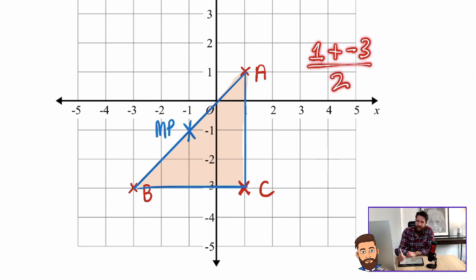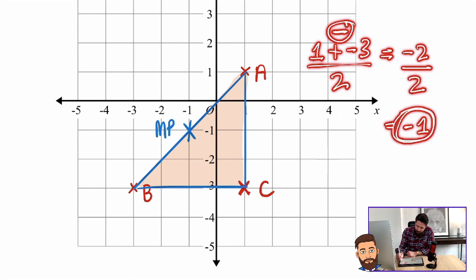Well, 1 add -3 would be simply 1 take away 3, because a plus and a minus together just makes a minus. So 1 minus 3 would give us minus 2. And minus 2 divided by 2, how many 2's go into minus 2? 1, and a minus and a positive makes a negative.